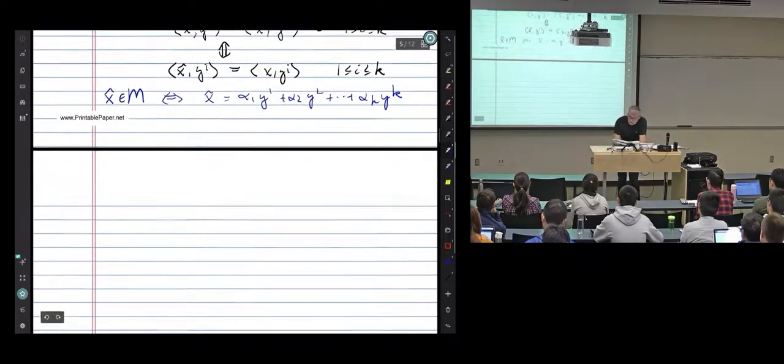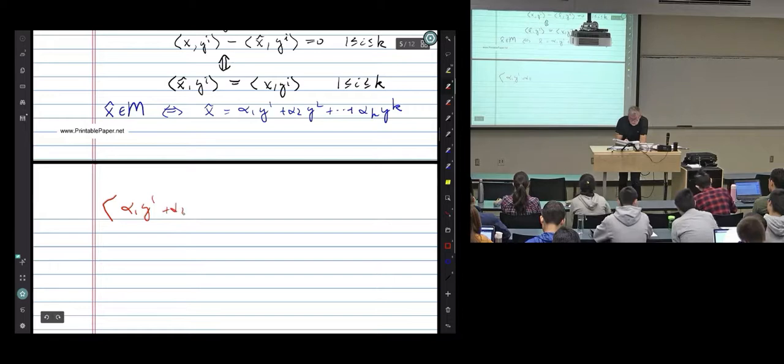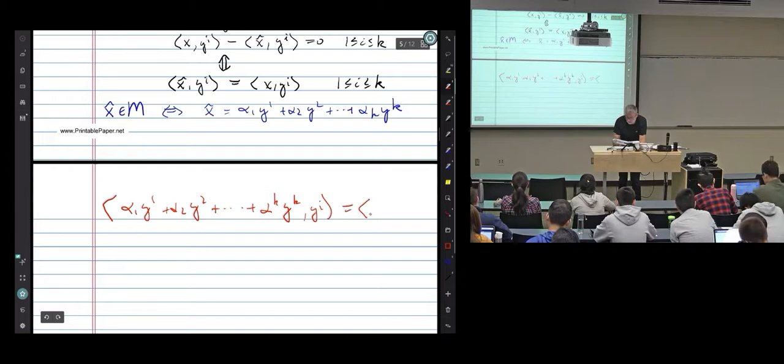Okay, so this is the key formula. The inner product of alpha 1 y1 plus alpha 2 y2 plus ... plus alpha k yk with y_i equals the inner product of x with y_i, for 1 less than or equal to i less than or equal to k.